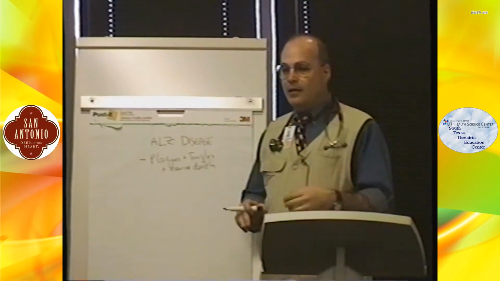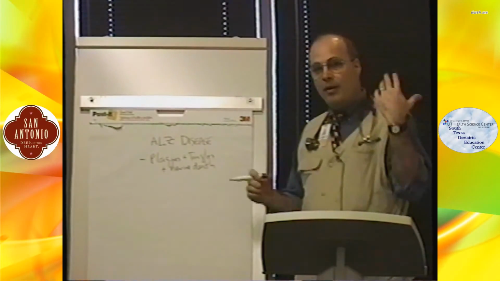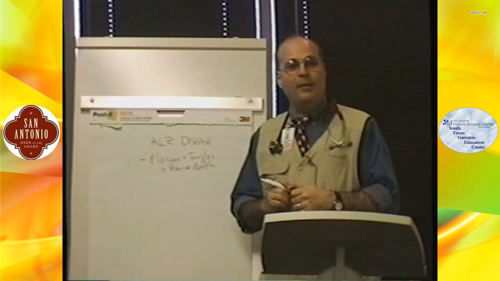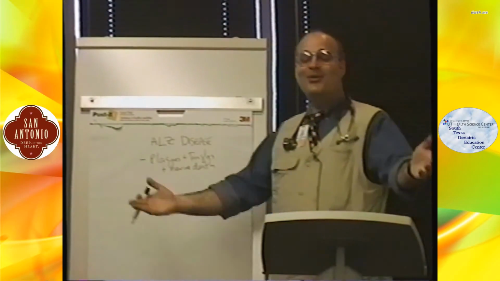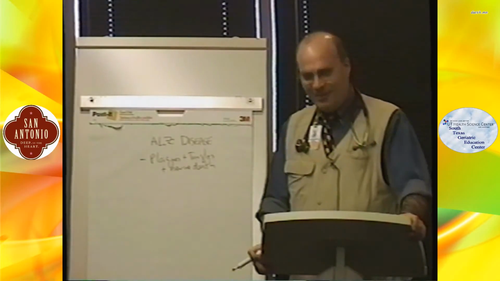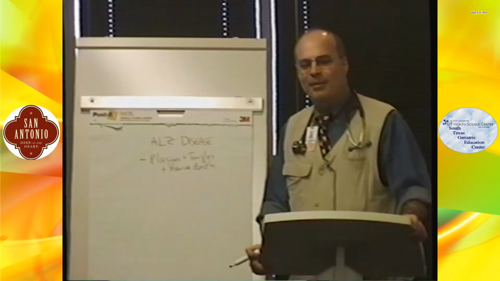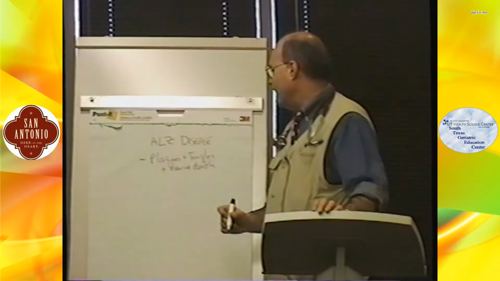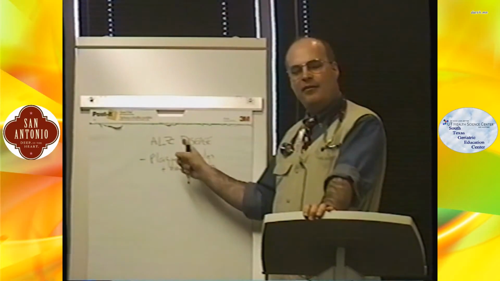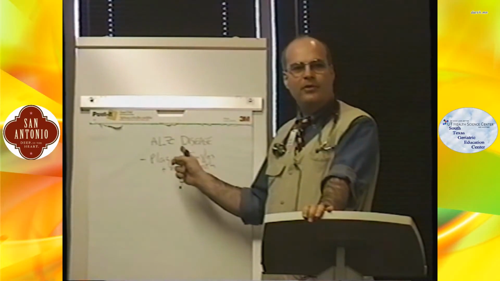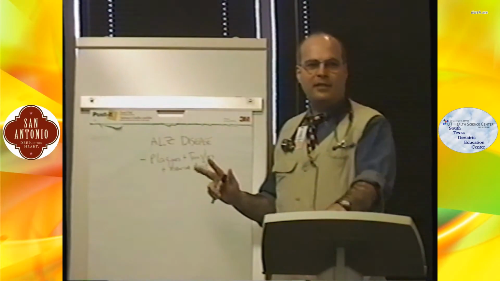Now, I'm probably sitting here in front of you, I probably have some plaques and tangles in my brain. I hope I'm not demented. I hope I don't come across as being demented, although I'm certainly at risk for that, given my personal family history. But this is what it is. And people can have plaques and tangles in their brains for long periods of time, and it doesn't cause any problems.